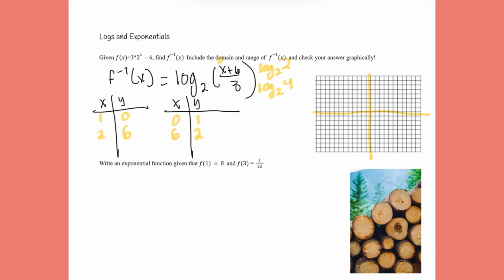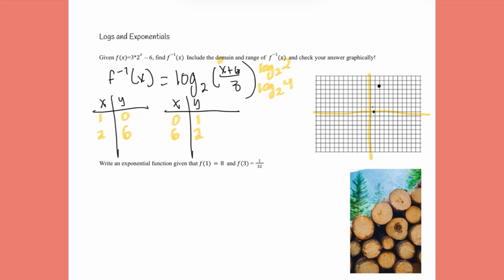Now it's time to graph the functions. So I'm going to put the points in. 1, 0 is here. 2, 6 is here.